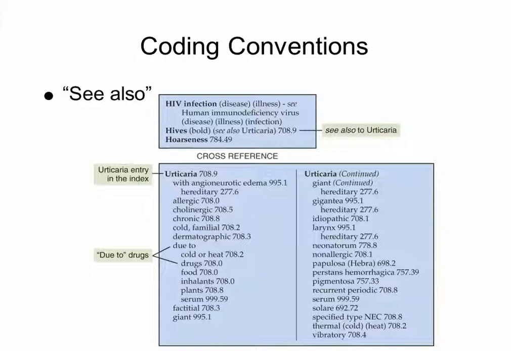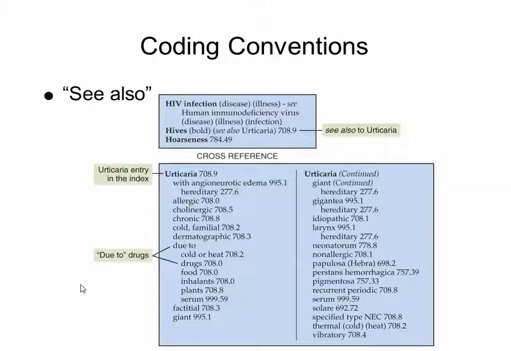So when you go to look that up in the tabular, chances are you're going to see NOS next to this code. Now, however, this is telling me "see also urticaria," so it's saying, well, hey, this might fit, but there might be also something else. So I would go look. Here we are with urticaria. Look at everything we have underneath here.